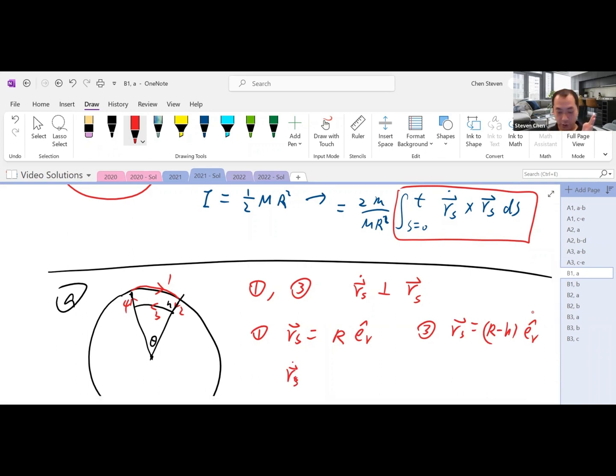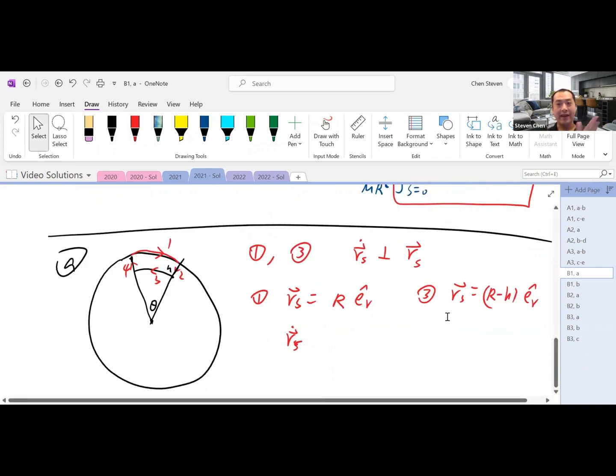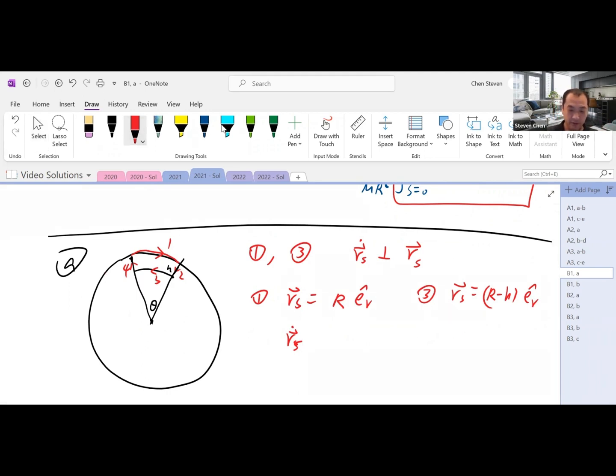So let me assume that the angular displacement for the end, with reference to the center of the disk, is called, let's say, alpha, okay? It's called alpha.